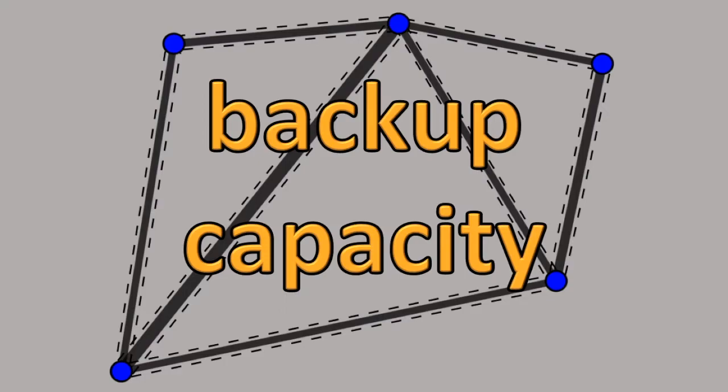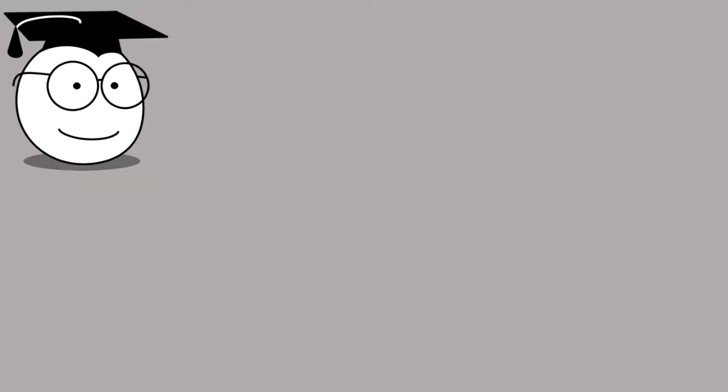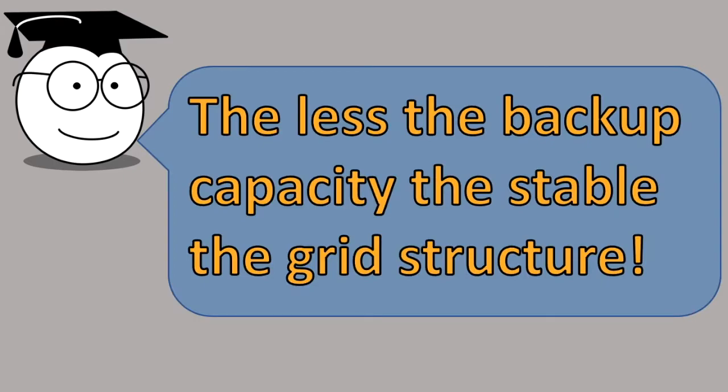This is the capacity which has to be planned as reserve, such that by the failure of one line not the whole grid is affected. Based on this backup capacity, Alex determines whether a grid structure is stable or unstable. The structure of a grid is the more stable, the less backup capacity is needed. So, the less the backup capacity, the more stable the grid structure.